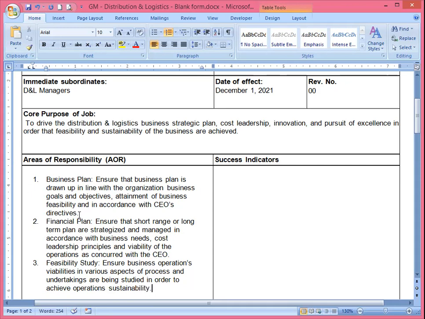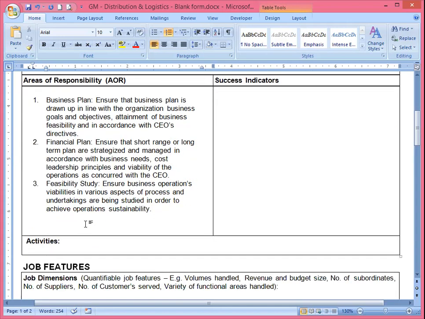What other area of responsibility does this position have? We can also say key performance areas.